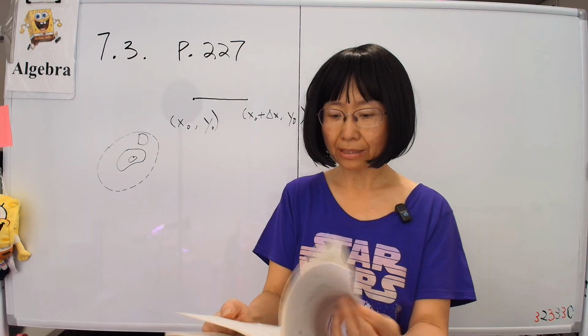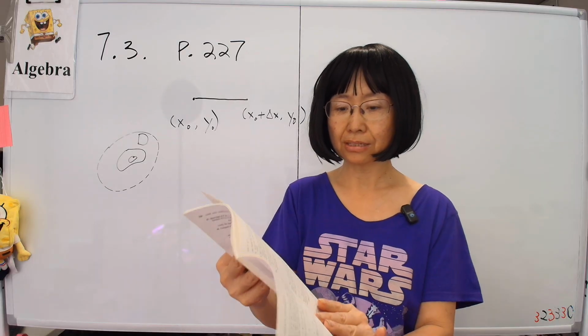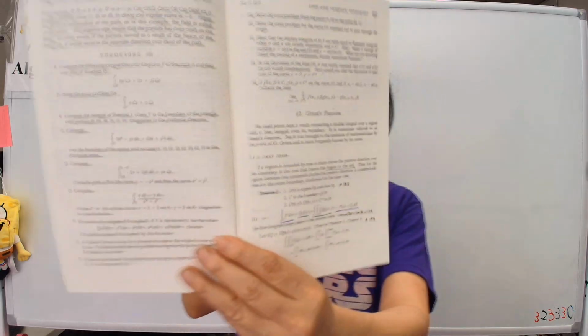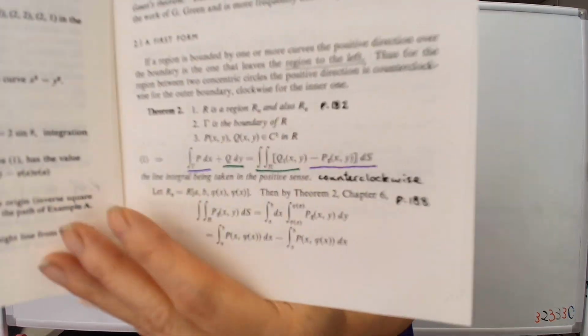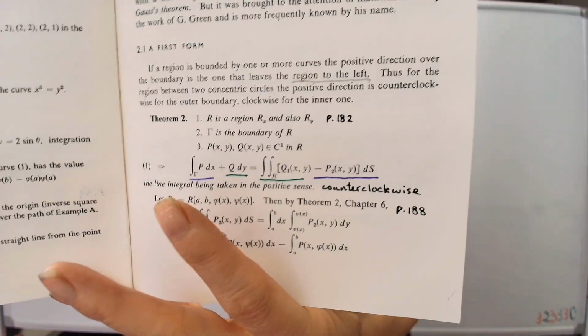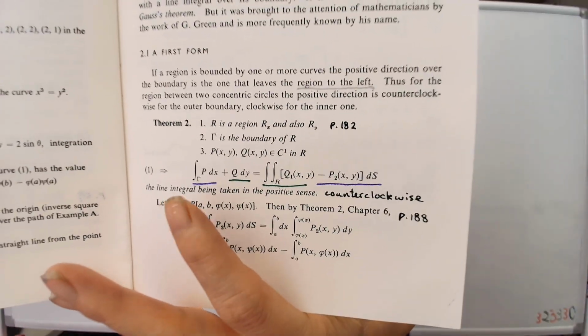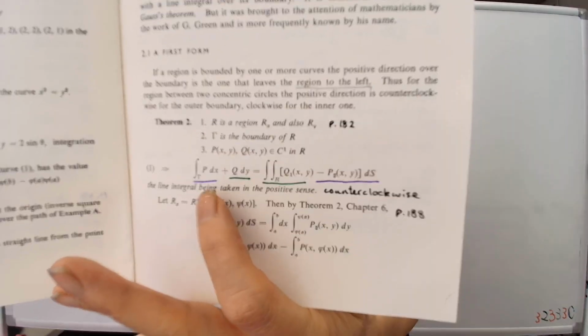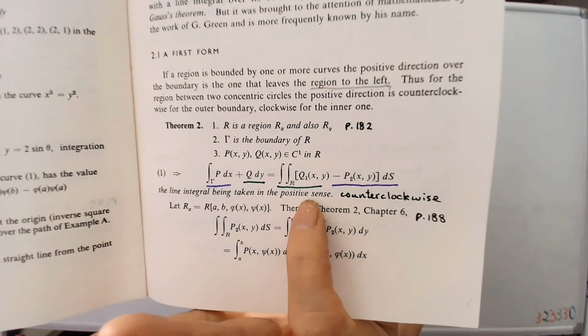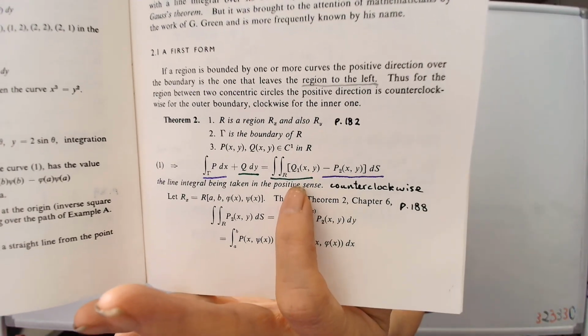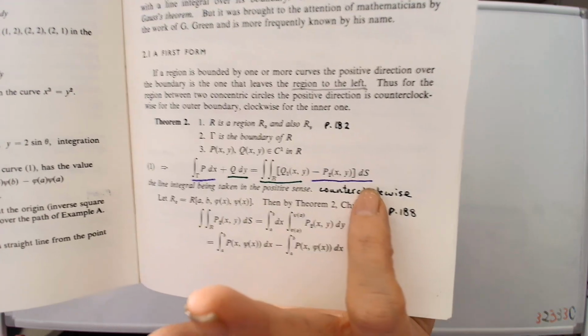Now we're looking at the first Green's theorem, which is theorem 2 on page 223, which says that if the region R is Rx and Ry, and P and Q are in C1, then Green's theorem applies.